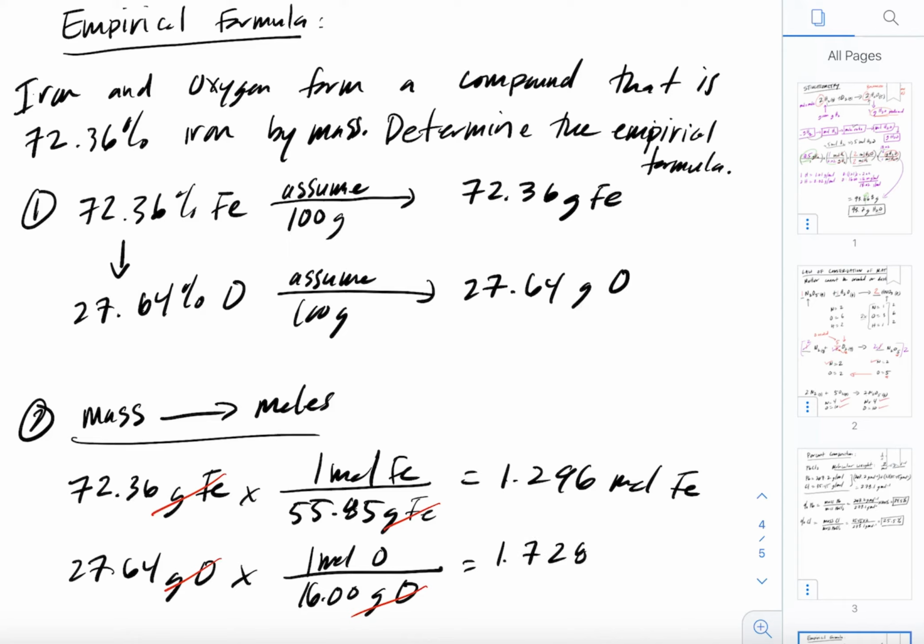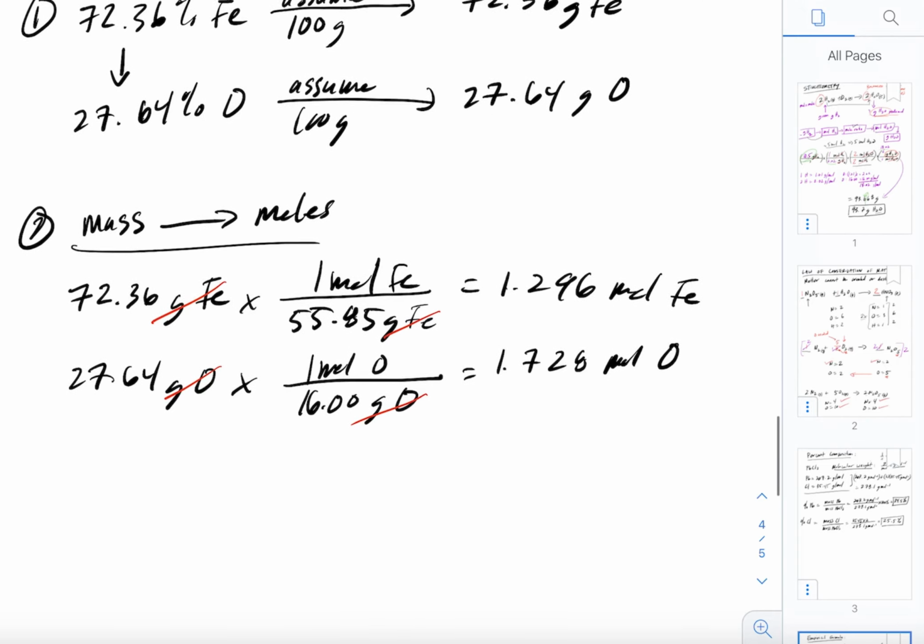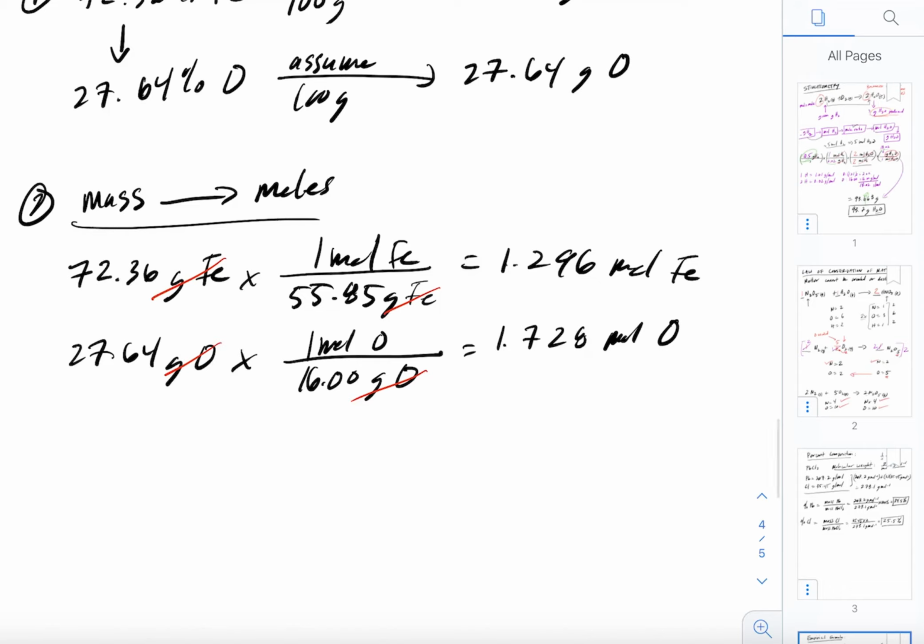So we have 1.728 moles of oxygen. So we can see a little bit more oxygen than iron. Now, once we have the moles, we can write out the formula for this iron oxide compound.